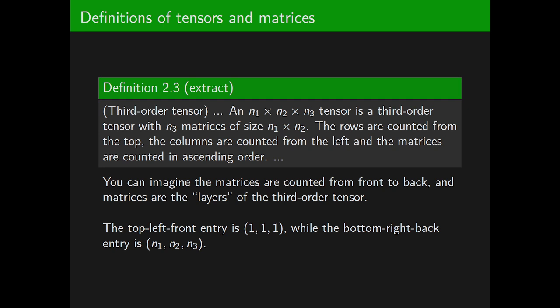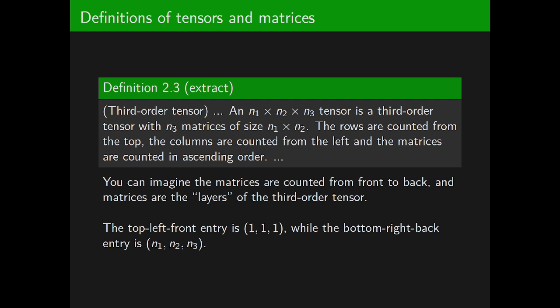Again, I'm not going to define what layers are, but just imagine that n by k is the depth, how many layers you have. You have k layers, and layers just correspond to depth.